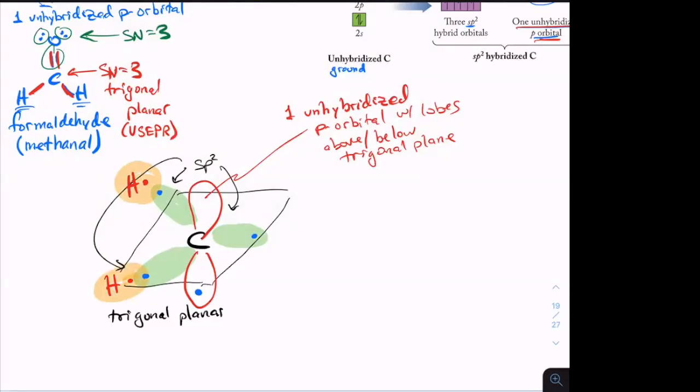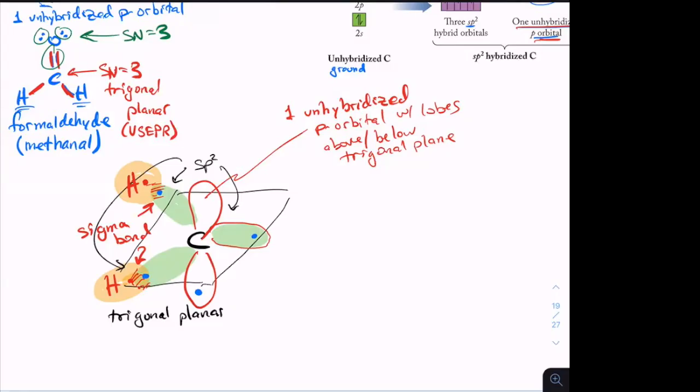Okay, and this area of shared electron density is going to give you the sigma bond. Now we've got this other sp2 hybrid orbital with an electron, and we haven't done anything yet. That's what is going to form the bond with the oxygen.